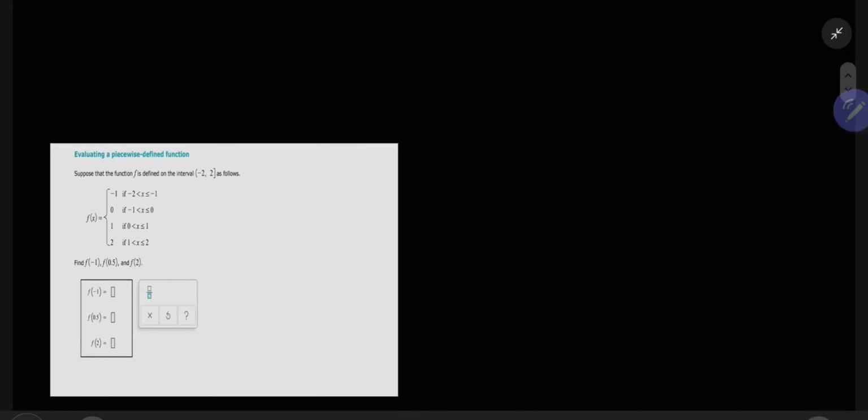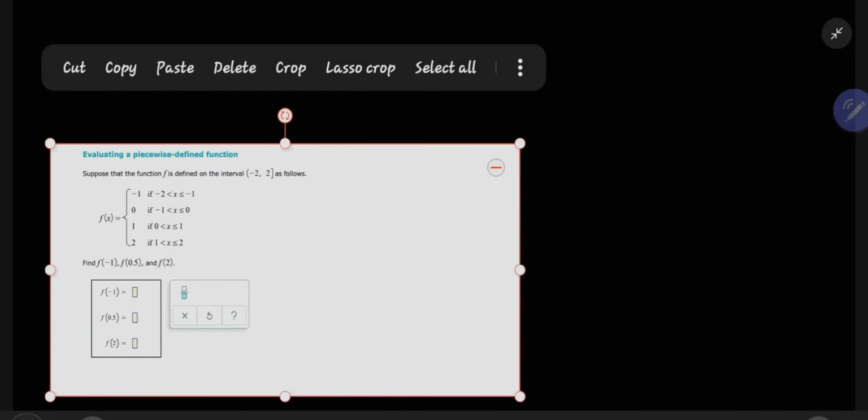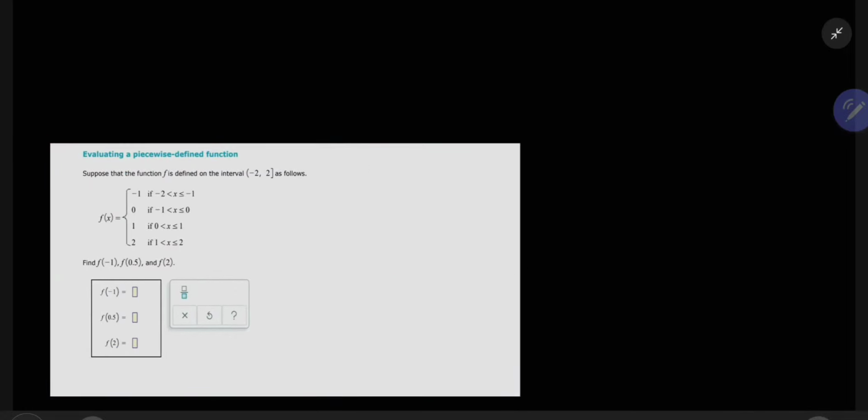So let's look at this. We want to evaluate this piecewise function, and it's just like the one I explained above. So I'm going to find f of minus 1, and you go on to find f of 0.5 and f of 2. So what's f of minus 1? Where does minus 1 fall?